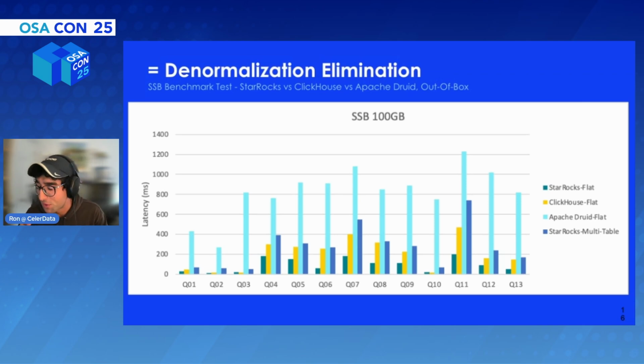But in this case, as you can see, StarRocks stands out by not only being one of the fastest overall, but also showing that its performance on the multi-table Star Schema Benchmark is nearly as fast as ClickHouse on the flat version, and even faster than Druid on flat, miles ahead of some of the other competitors in this graph. So that shows you that you can normalize your data at scale and leave denormalization behind.